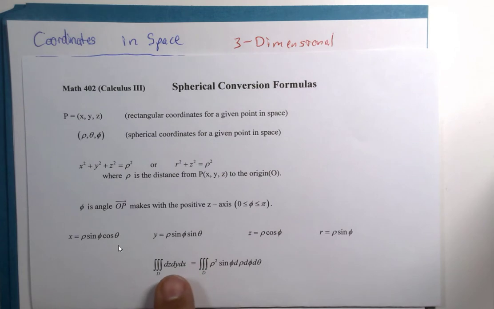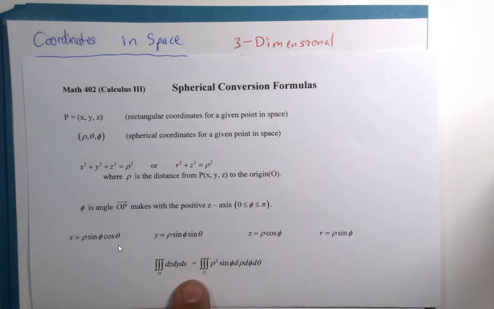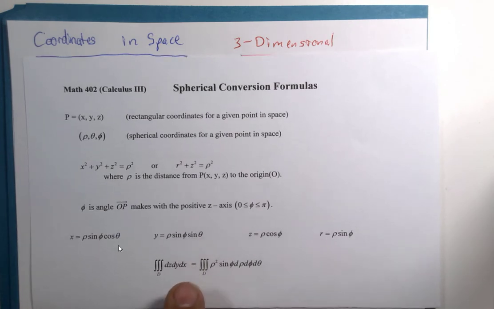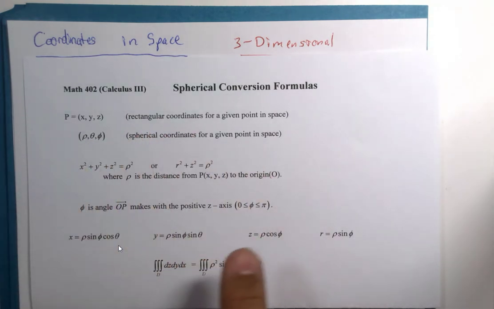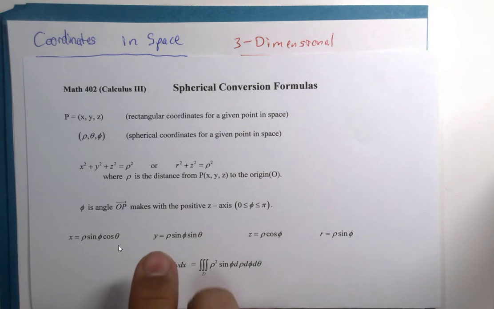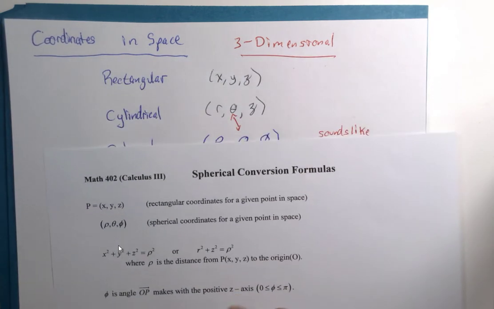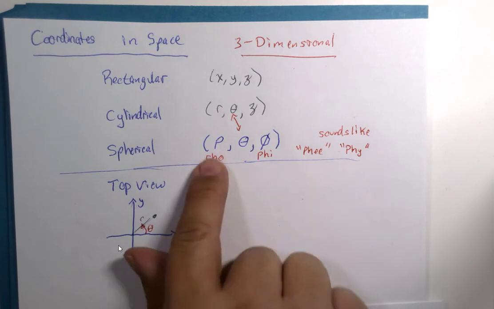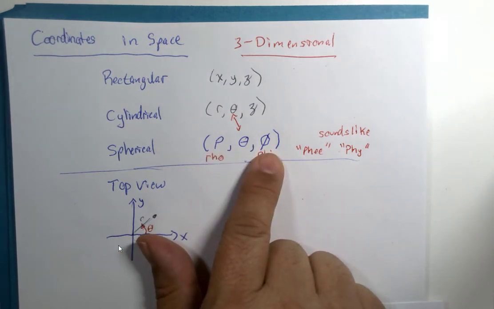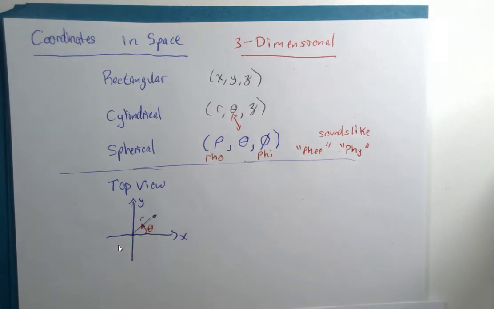Don't panic over this information in the bottom. This is for near the end of the course, our last chapter plus. But I don't need you to worry about memorizing these formulas now. What I do need you to understand is, for the time being at least, what is the purpose or the meaning of these three numbers, and how do they find a point in space?